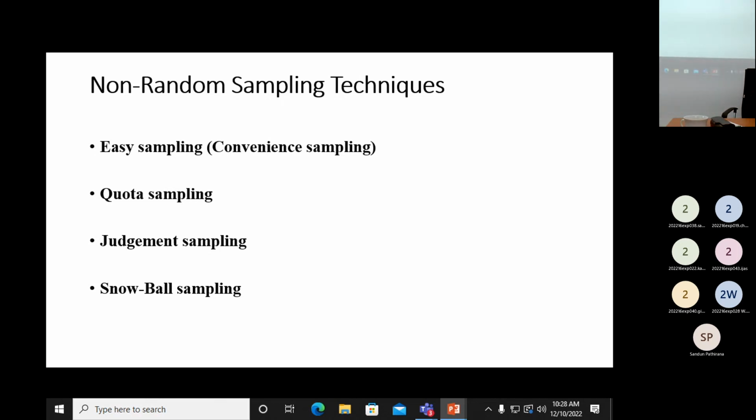If it is difficult to identify sample items, we expand our relationship to identify the sample items.